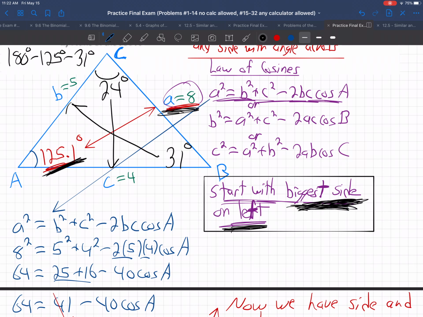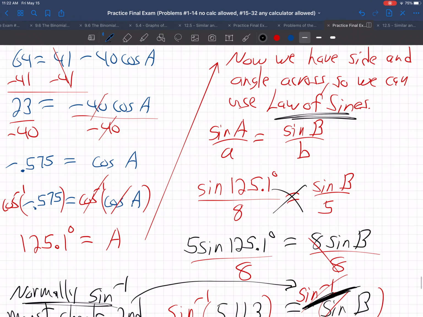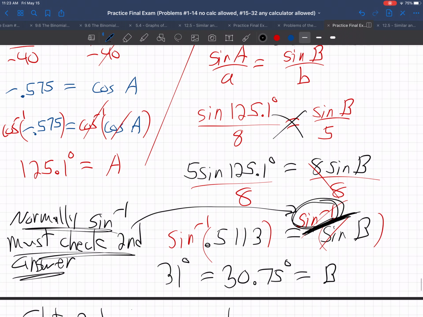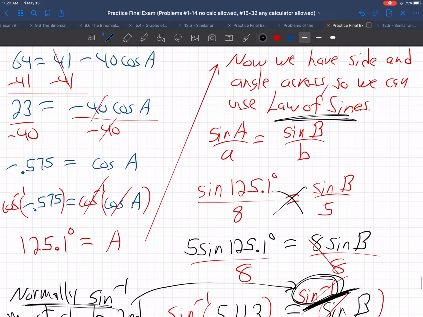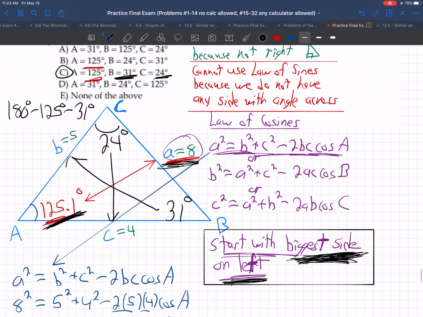You'll get the biggest angle, and then when you come down here and do sine inverse, you won't have to worry about anything. Just take the answer you get. That's the only valid answer. You don't even need to check for a second answer like we normally do with sine inverse, because that second answer is going to be impossible. Why? Because it's always the biggest angle, and we've already got the biggest angle. There can't be another one. That's why we do that. So there we go.